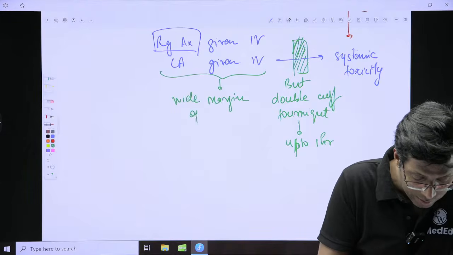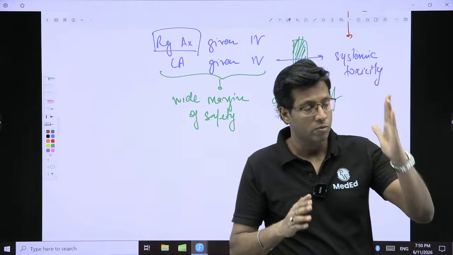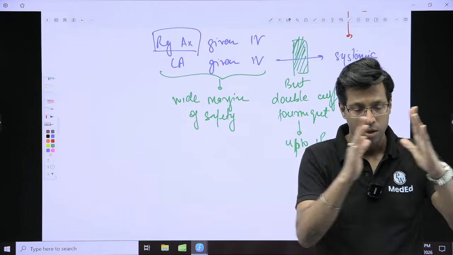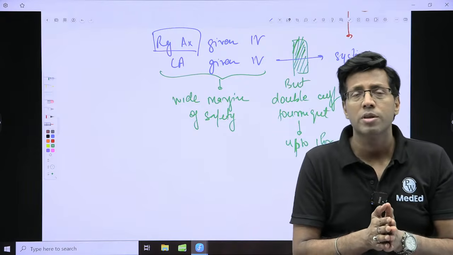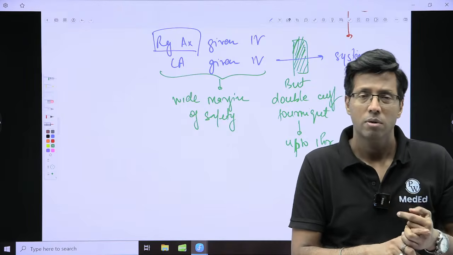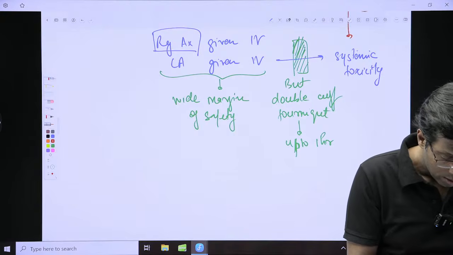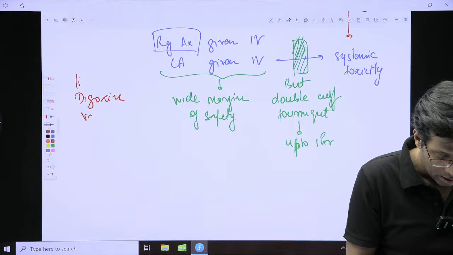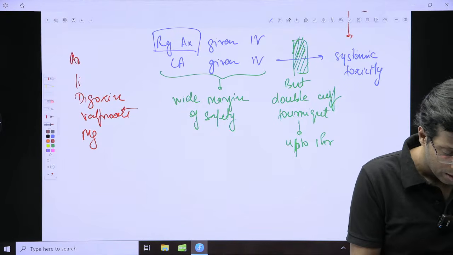Wide margin of safety means the therapeutic index. You know, na? It means the dose needed for the effect and the dose for toxicity are far apart. There are drugs with a narrow margin of safety: lithium, digoxin, valproate, magnesium, even aminophylline.